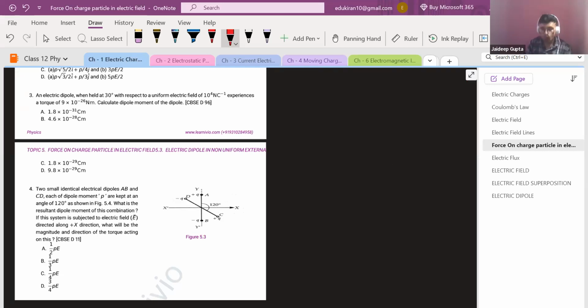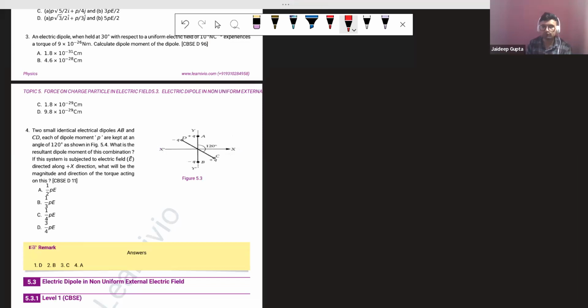Okay, what is dipole moment, Iram? Product of the magnitude of the charges and the separation between the charges. What is the formula for it? Formula for dipole moment, Iram. 1 by 4 pi epsilon naught p upon r square plus a square.